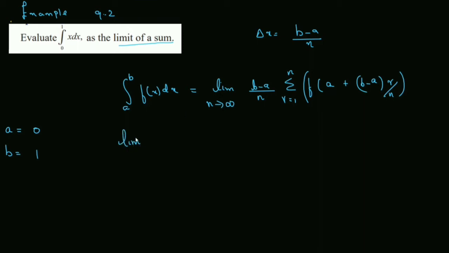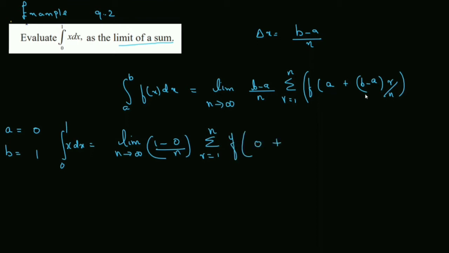So limit n tends to infinity. The integral from 0 to 1 of x dx is, substituting here, limit n tends to infinity, b minus a is 1 minus 0 by n, sigma r is from 1 to n, f of a is 0, plus b minus a by n, which is 1 minus 0 by n, that is 1 by n, into r.